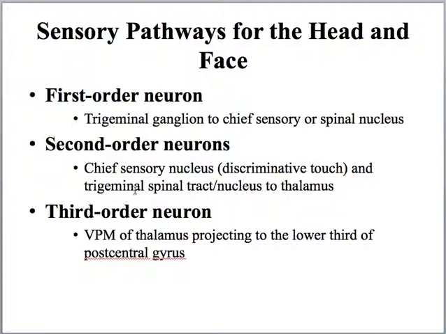And the trigeminal spinal tract is going to project to the thalamus. The thalamus is going to be your third order neuron. Now, unlike what we talked about earlier in terms of the thalamic nucleus being the ventroposterior lateral thalamic nucleus, in the case of the trigeminal, second order neurons coming from the chief sensory nucleus or the trigeminal spinal tract are going to project to the ventroposterior medial thalamic nucleus.